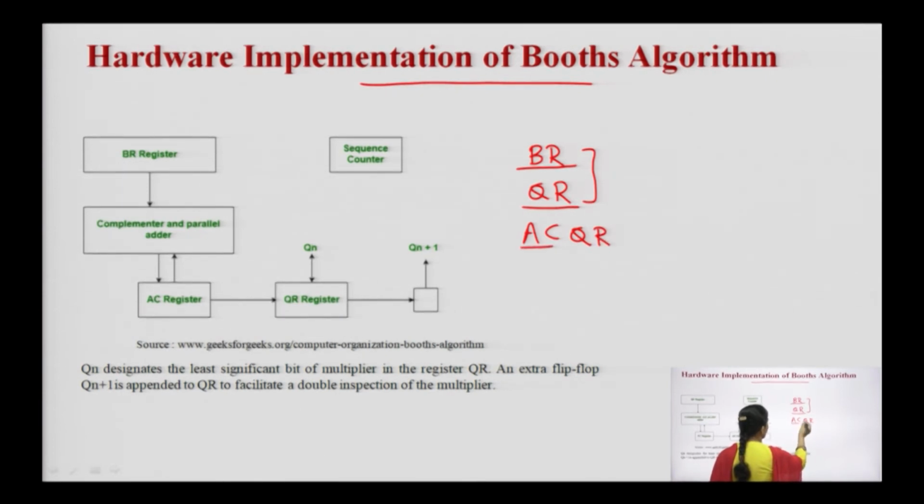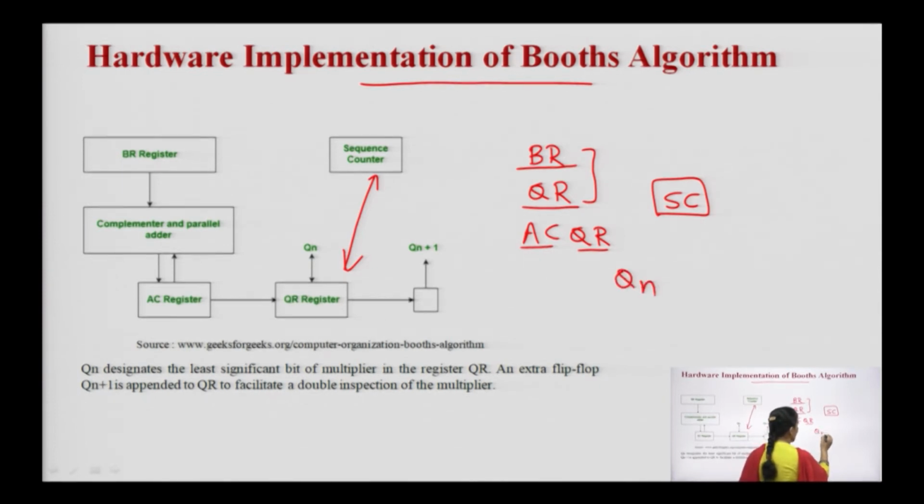AC carries the higher bits and QR stores the lower bits. One register I am taking as the sequence counter, that is the number of bits present in my QR.